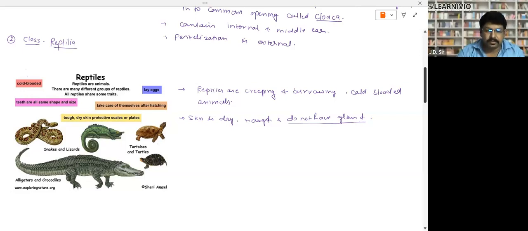And they have scales, which are also called scutes. You can see scales are present in their skin, right?